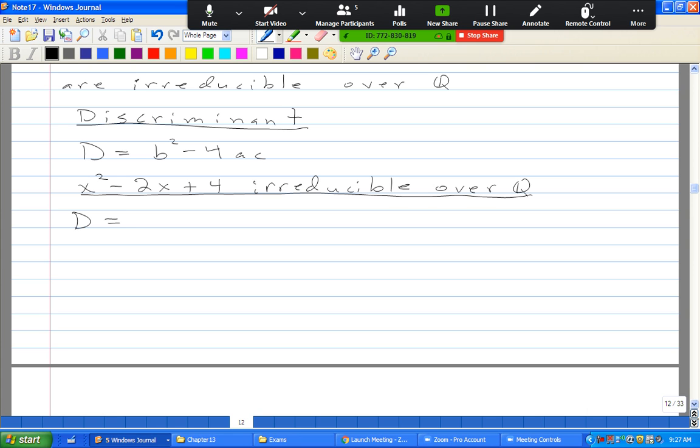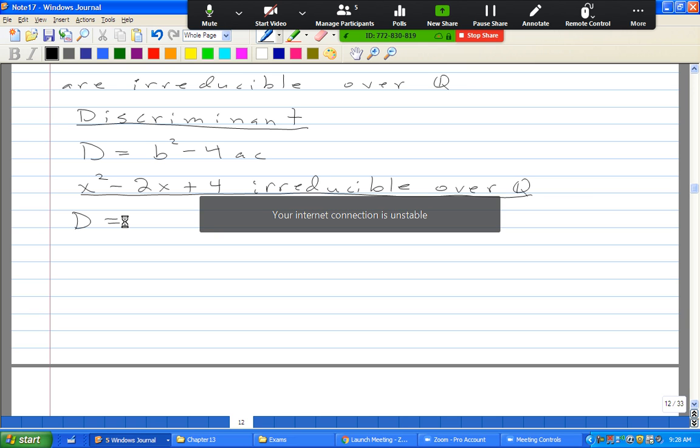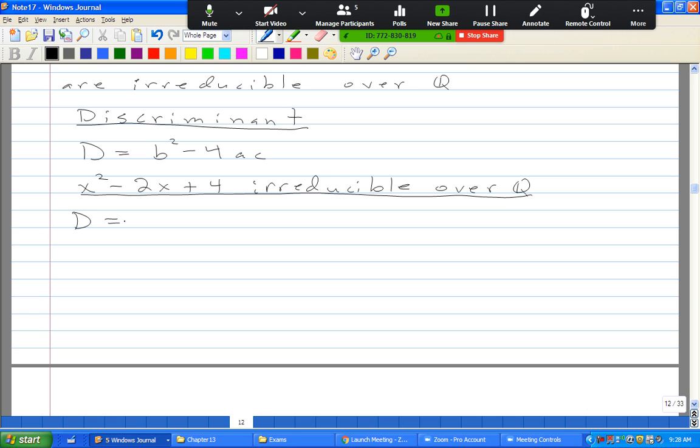A quadratic will be reducible over the rationals if and only if, well, I'll be assuming that all the terms in the original polynomial that I want to factor are rational numbers. Then a polynomial in Q will be reducible over Q if and only if the discriminant is greater than or equal to 0 and it is equal to a perfect square.